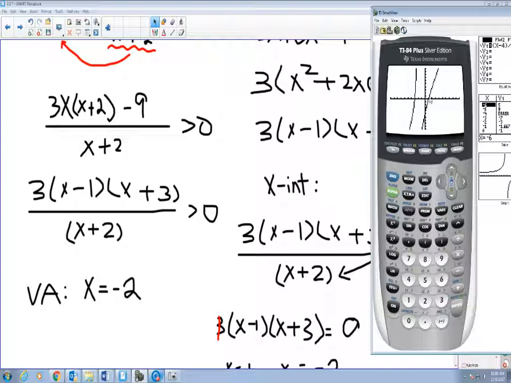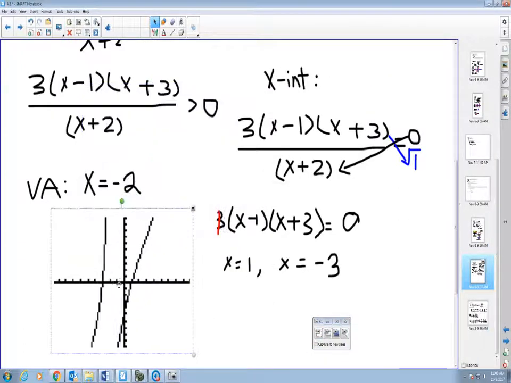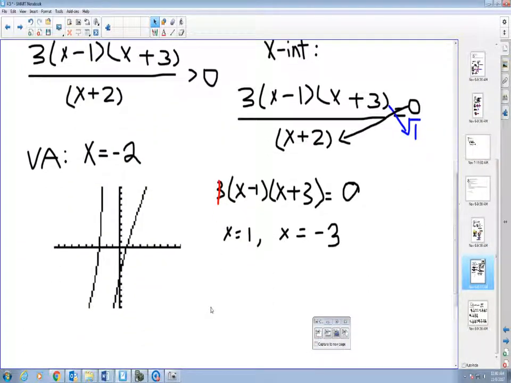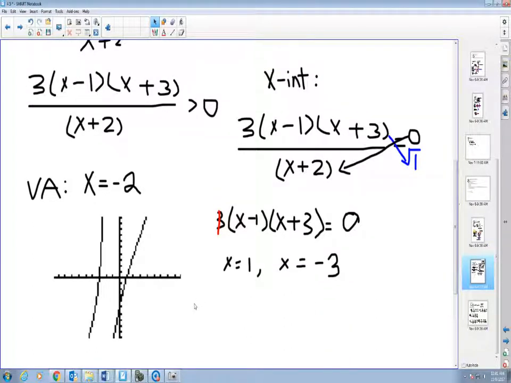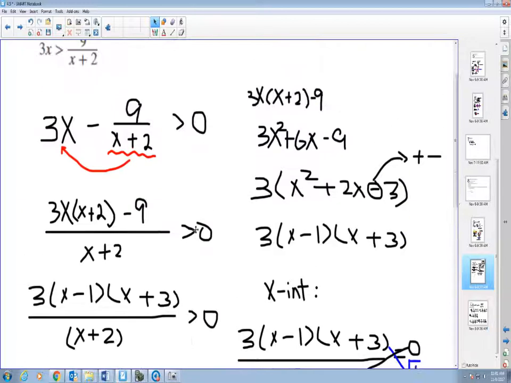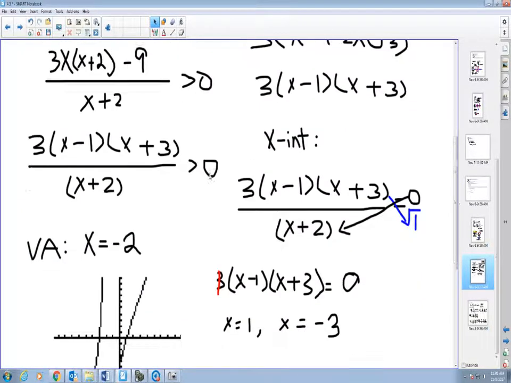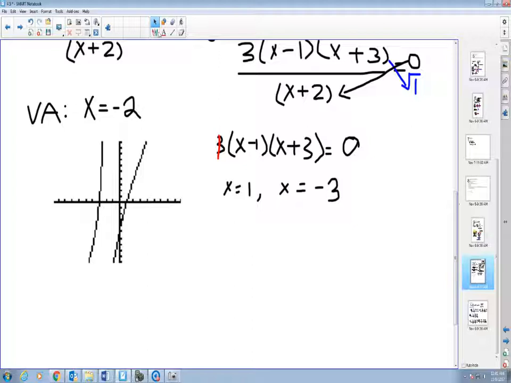Alright, do we see right here these 2 points where it crosses over the x-axis? Let's take a look. This is not the whole picture, I don't think. This is a little bit more into this particular graph. But what I want to find out is from where to where the function is less than 0. So my vertical asymptote is at x equals negative 2.